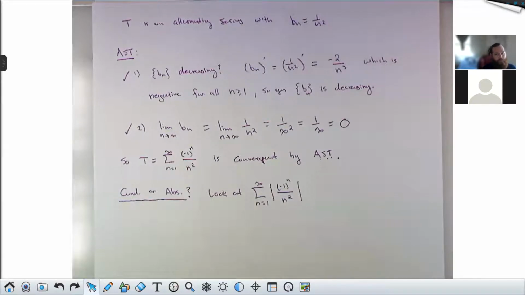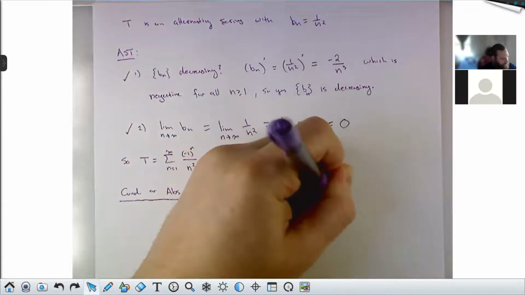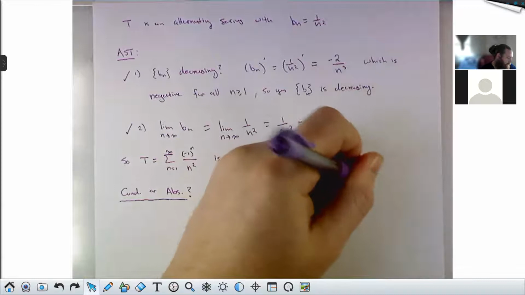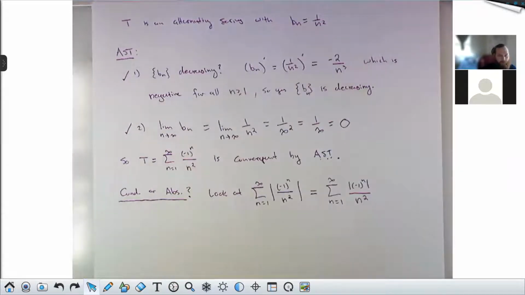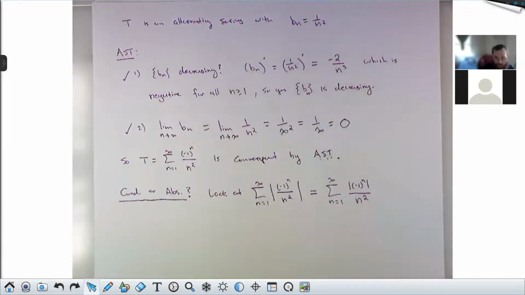Last time the answer was no. But this time, when I take those absolute values, I give them to the top and to the bottom separately. n squared again is positive, so the absolute value of n squared is just n squared.